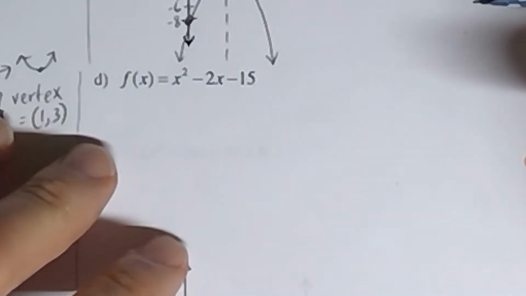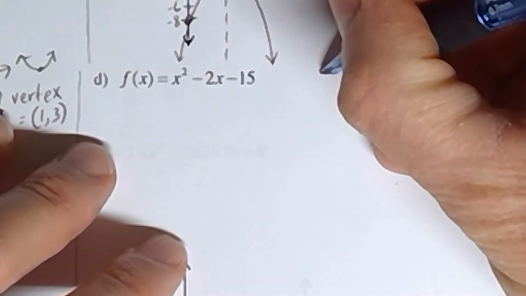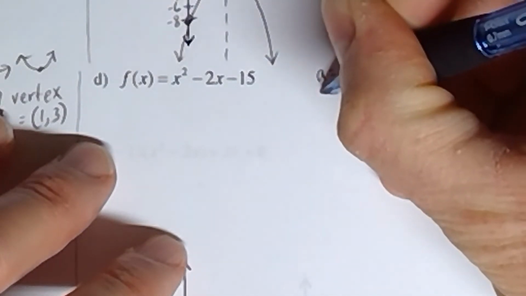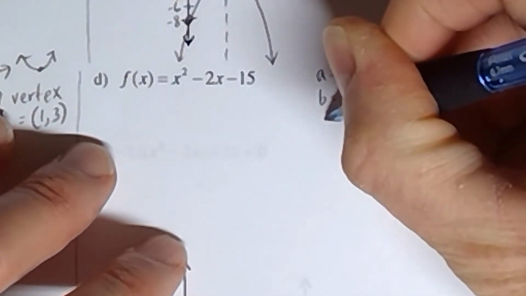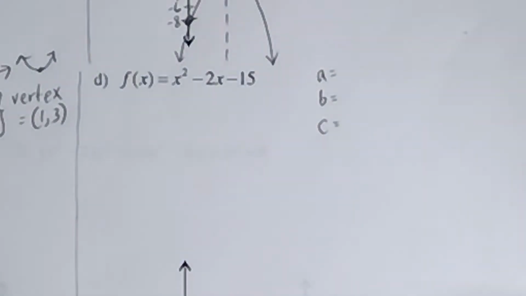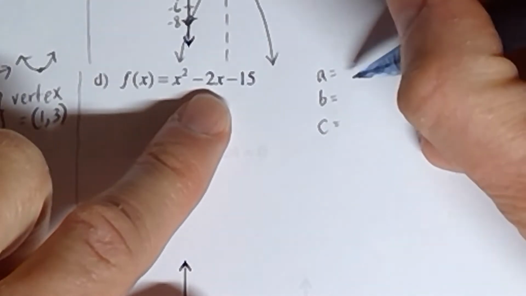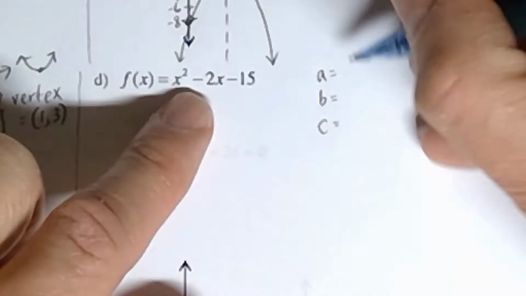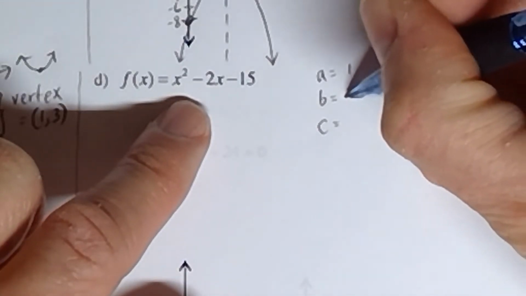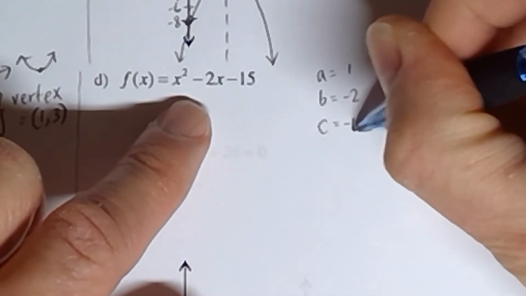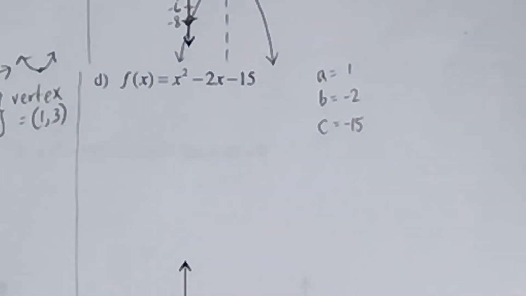In order to do that, we need to figure out what the A, B, and C numbers are. It's going to kind of sound like the quadratic formula, but we're not doing that here. All right. So we got the A is 1, the B is -2, and the C is -15. The C actually is not overly important for the vertex part.